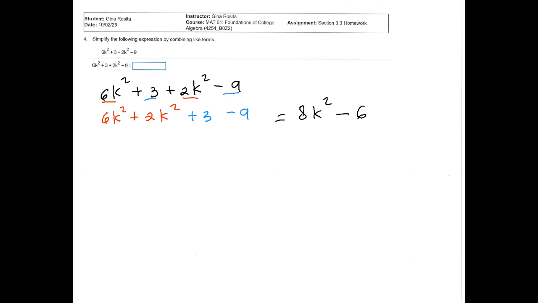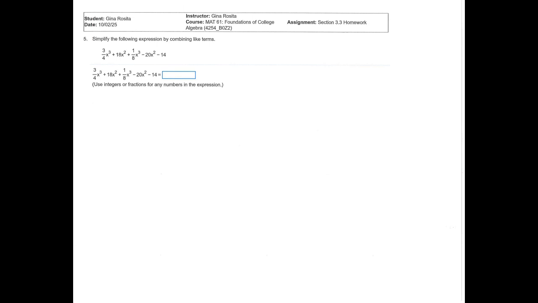Now go to number 5. The same, we have to simplify. But this has fractions, so you have to make the same denominator first. Okay, let's write down 3 over 4 x cubed plus 18 x squared plus 1 over 8 x cubed minus 20 x squared minus 14.